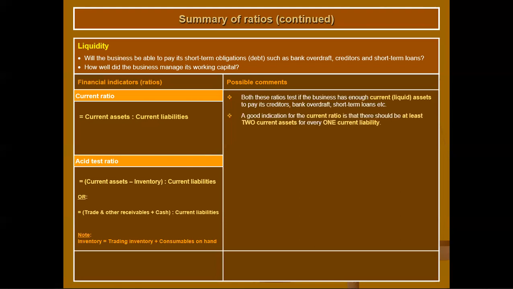A good indication of the current ratio is that there should be at least 2 current assets for every 1 current liabilities. Well, this is a little bit questionable, okay? All I can say is that you need to make sure that your current assets are more than your current liabilities. That's all that matters. It doesn't have to be twice, but it needs to be greater than your current liabilities.